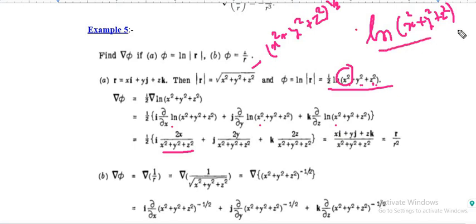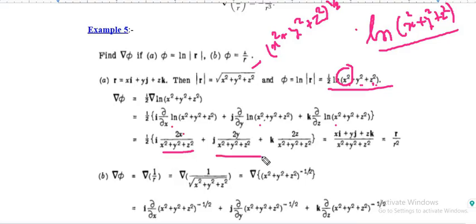Now we need to differentiate over this factor, because half is a constant term. Obviously this will be differentiated over x square, so this gives you twice of x. Now when you are differentiating over this whole ln factor, this will give you 1 by x square plus y square plus z square.